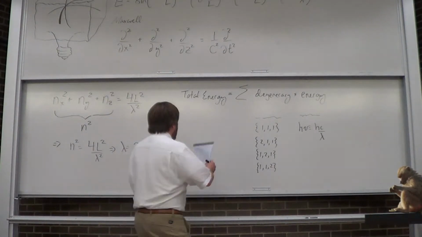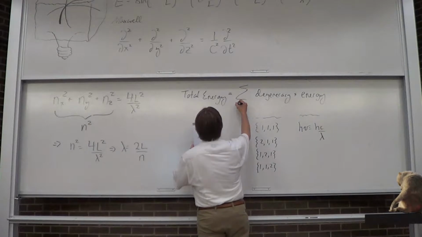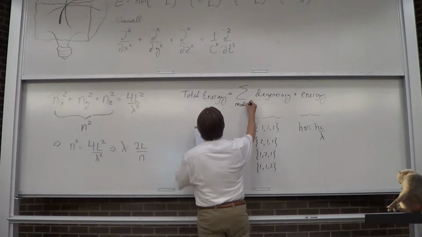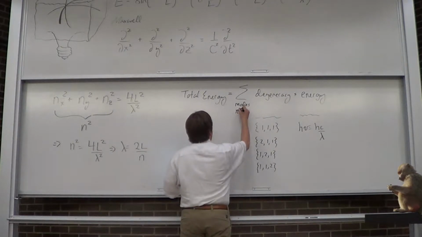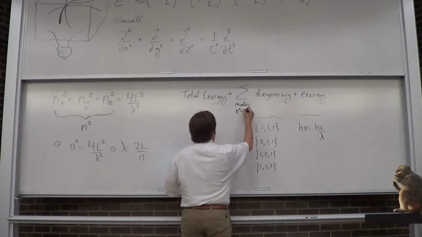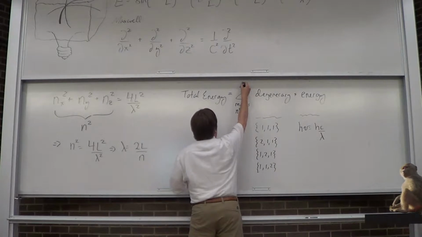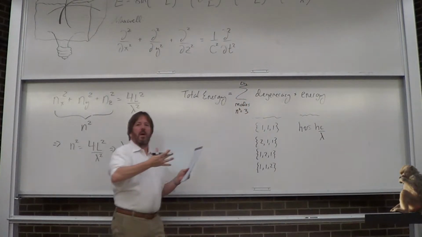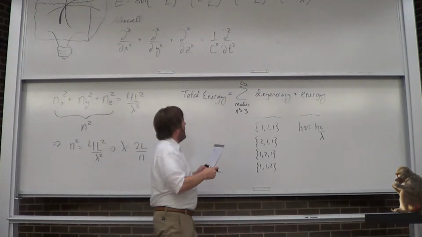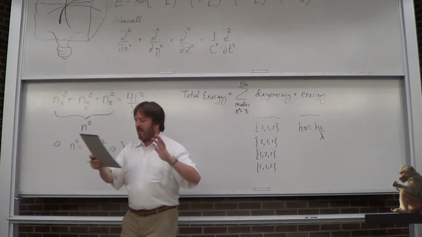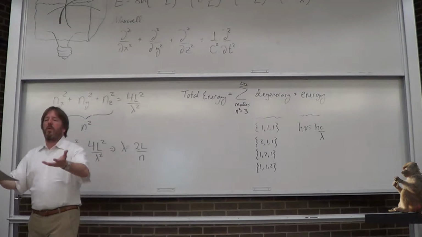So what you've got to do is sum up over all modes. And that starts from n squared equals, actually, 3 to infinity. The lowest n squared is actually 3. A little weird, but anyway. So there you go. It looks like we're pretty much there.